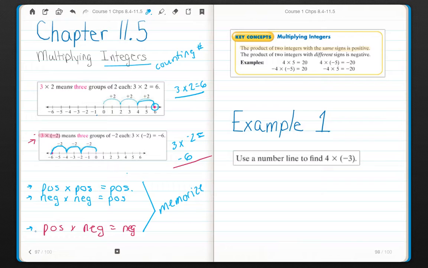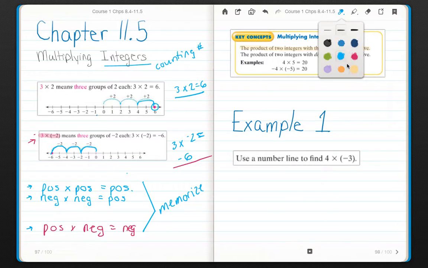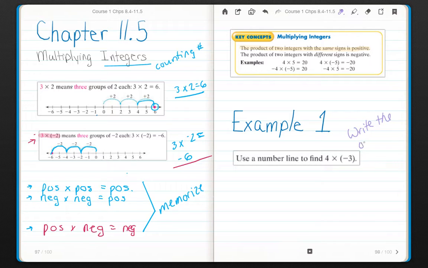So let's take a look at our examples. Now, while the example does ask you to use a number line, if you don't feel you need to, you don't have to use a number line. What you do have to do is write the original problem. Don't be lazy about that.